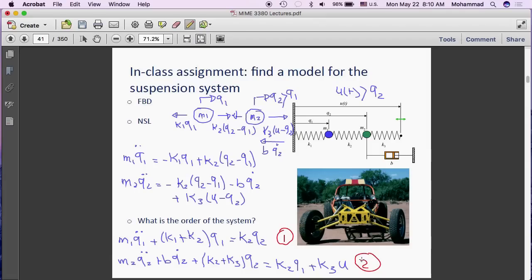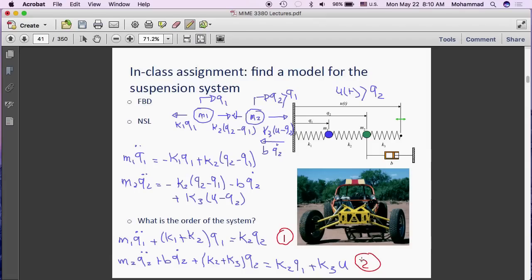Those are the state variables. If you look at the first one, Q1 is being differentiated. Q1 dot is there because in order for you to arrive at Q1 double dot, you need to have Q1 dot. Can you see that?